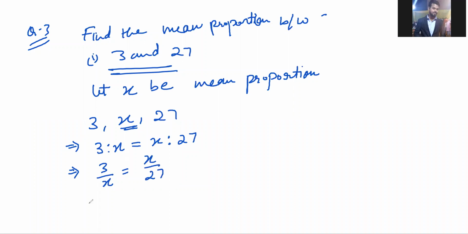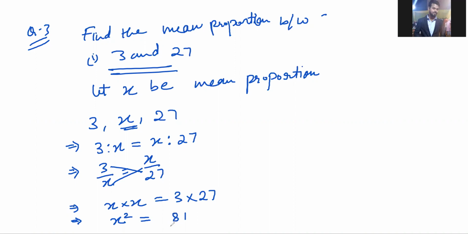Do cross multiply 3 with 27 and X with X. So X into X is equal to 3 into 27. Okay, so X square is equal to 3 sevens are 21, 2 carry, 3 twos are 6, and 2, 81.